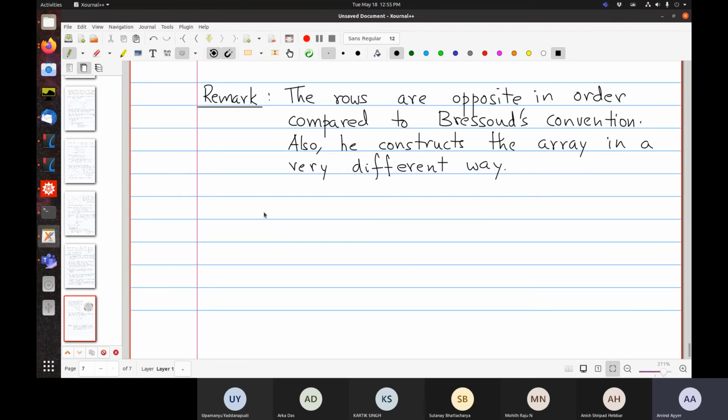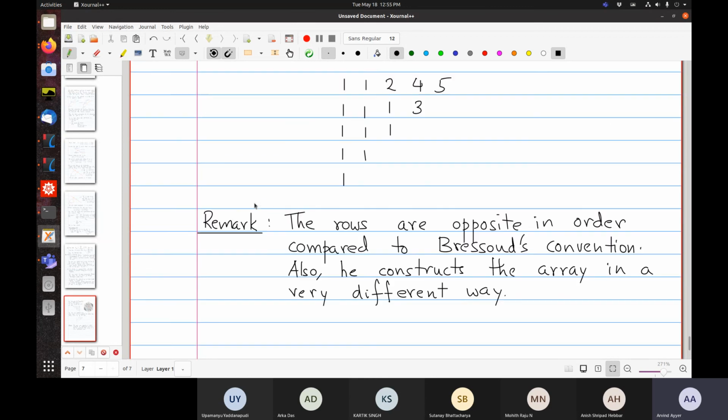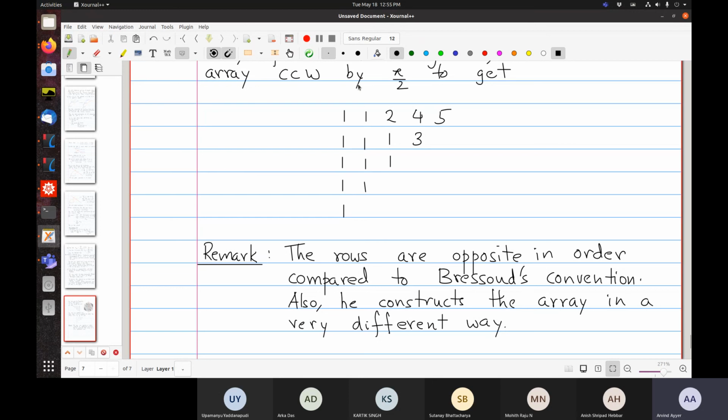Okay, so such arrays. Let me now say what properties such arrays will satisfy. The entries are increasing weakly from left to right, and entries are decreasing from top to bottom.